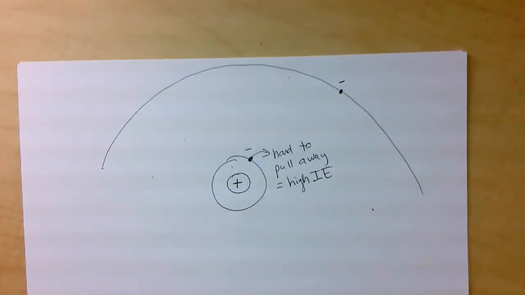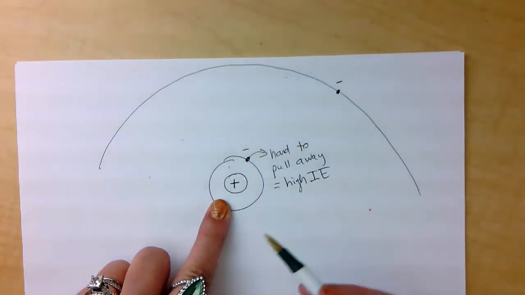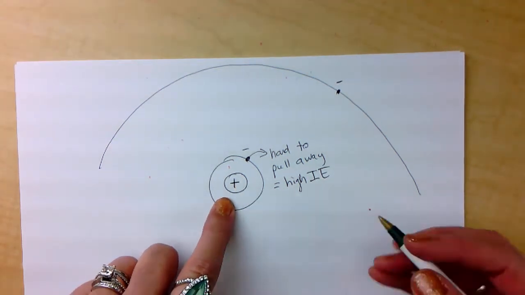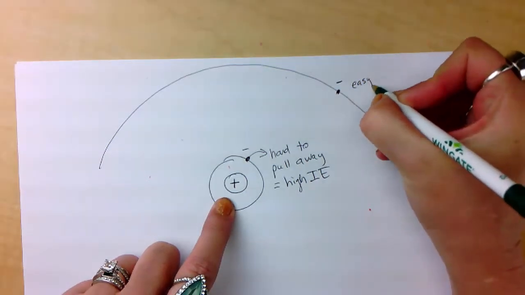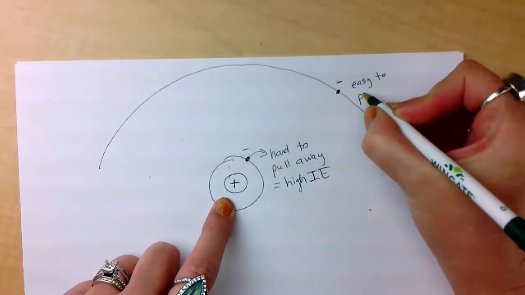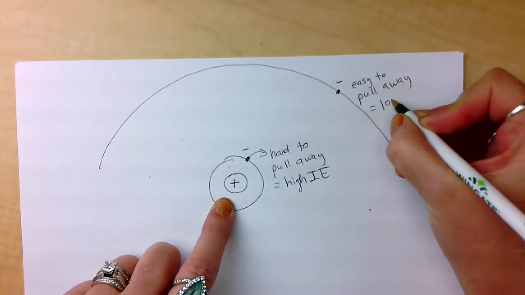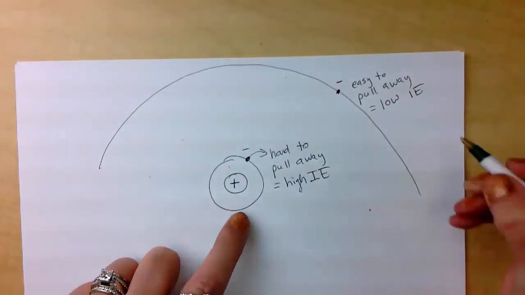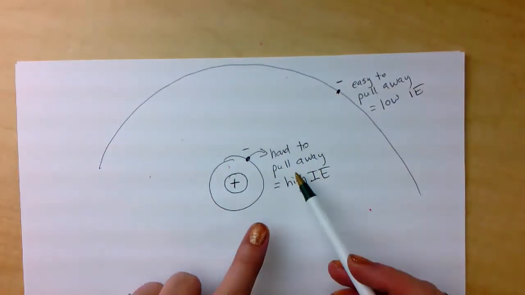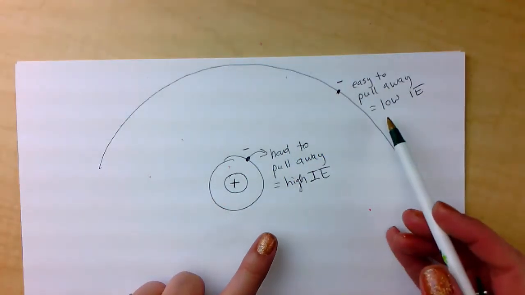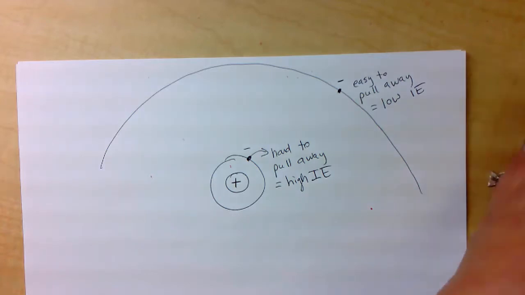So it's going to be, frankly, easier to pull away because it's so far from that positive nucleus with all the protons. So this is relatively easy to pull away. So this is going to have a low ionization energy. So smaller atoms are higher, larger atoms are lower.